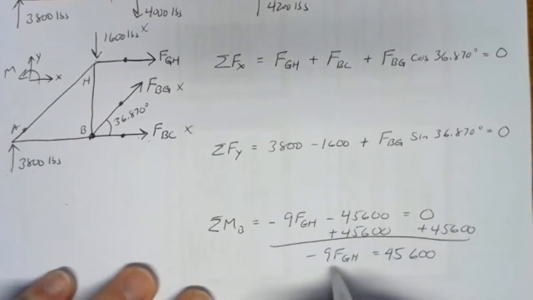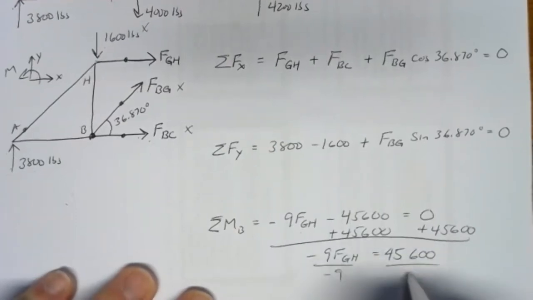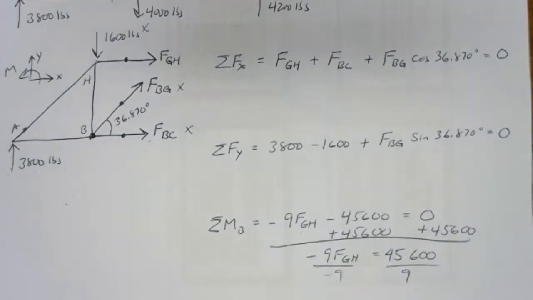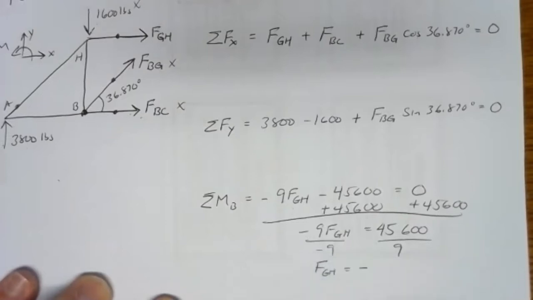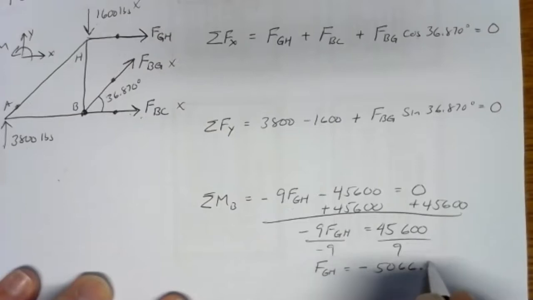Divide both sides by negative 9. And we get a negative 5,066.7. And that's pounds.